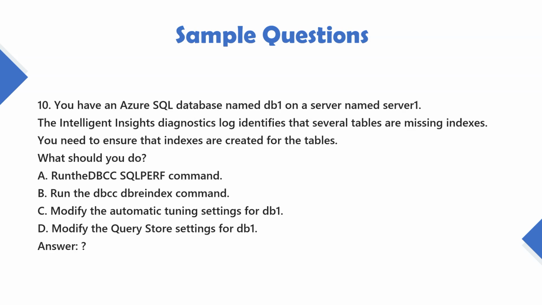10. You have an Azure SQL database named DB1 on a server named Server1. The Intelligent Insights diagnostics log identifies that several tables are missing indexes. You need to ensure that indexes are created for the tables. What should you do?